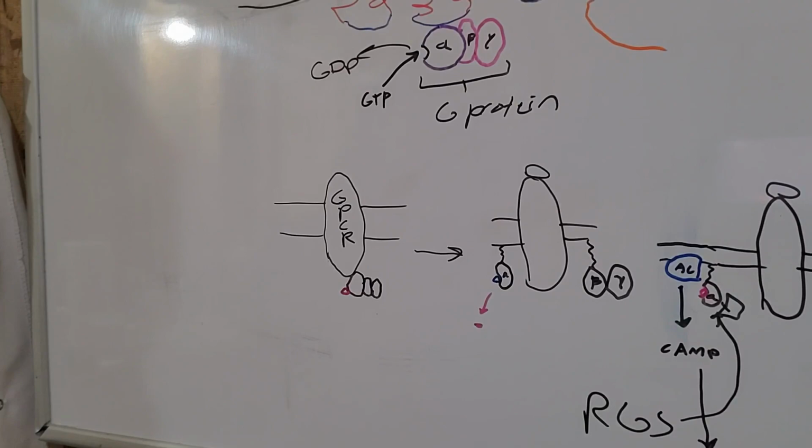So it elicits the opposite response of that. You have the Gq subunit, or the Gq/11 subunit, which uses phospholipase C beta as an effector, which then cleaves a molecule called PIP2 into two different molecules that are used as secondary messengers, which are called IP3 and DAG, which stands for diacylglycerol.